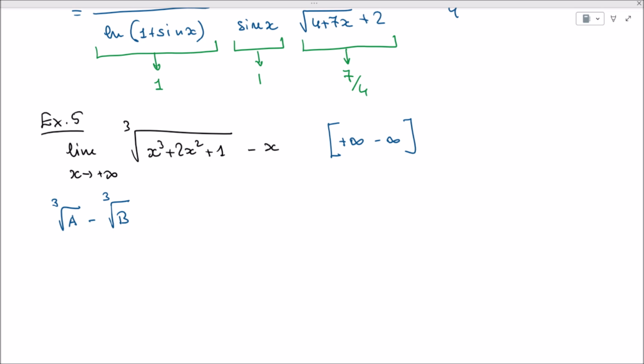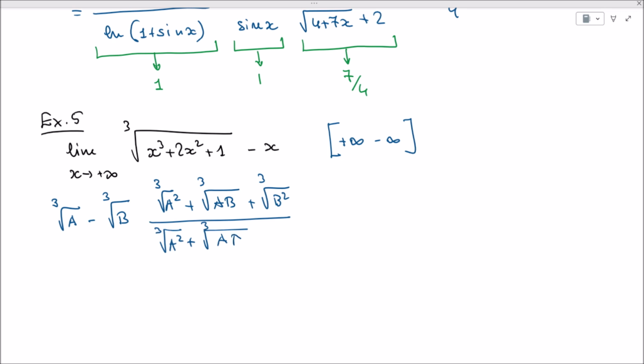We can now multiply and divide by the cube root of a squared plus the cube root of a times b plus the cube root of b squared. And we need to divide, of course, by the same polynomial. So cube root of ab plus cube root of b squared.